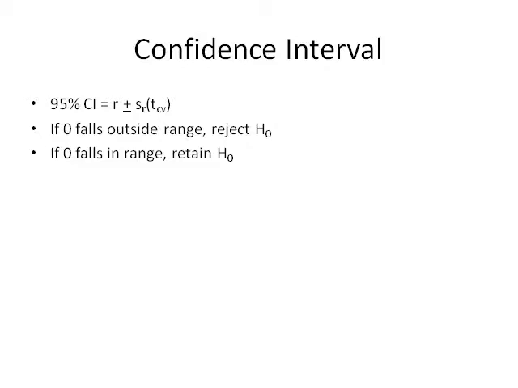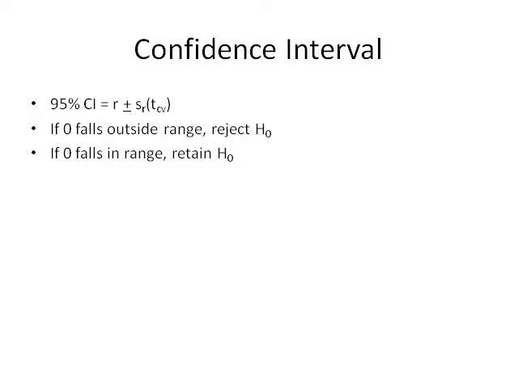Thus, a confidence interval in which the value associated with the null is not included in the interval will lead us to reject the null. And remember that 0 is the value most often associated with the null when we are testing the correlation coefficient. Thus, if 0 is included in the interval, we would retain the null.